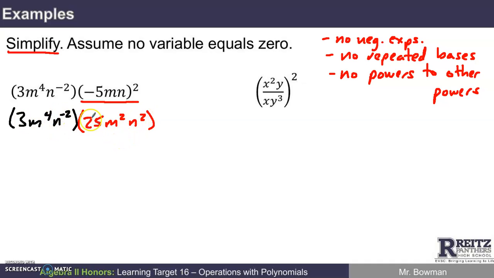So now we can multiply these two monomials together by multiplying the coefficients. 3 times 25 is 75. We've got m to the fourth times m squared, that would make m to the sixth. And n to the negative second times n to the second is n to the 0th power.